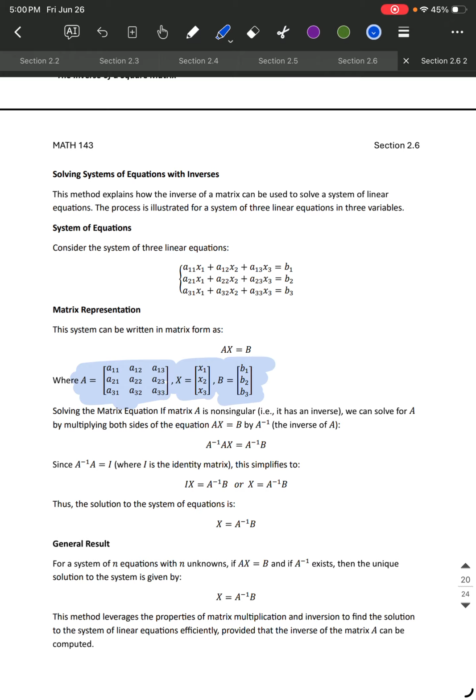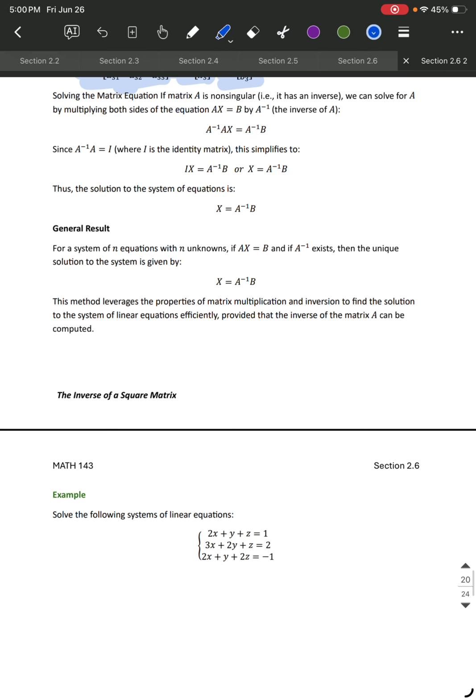So solving the matrix equation, if matrix A is non-singular, that means it has an inverse, we can solve for X by multiplying both sides of the equations by A inverse, right?